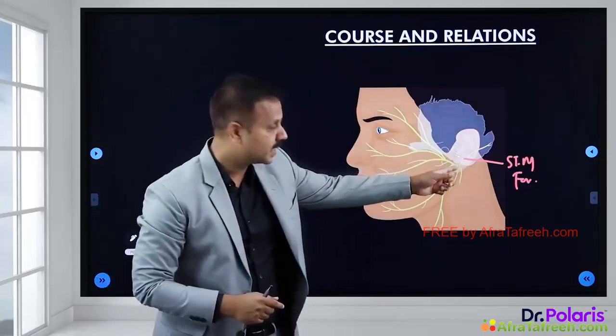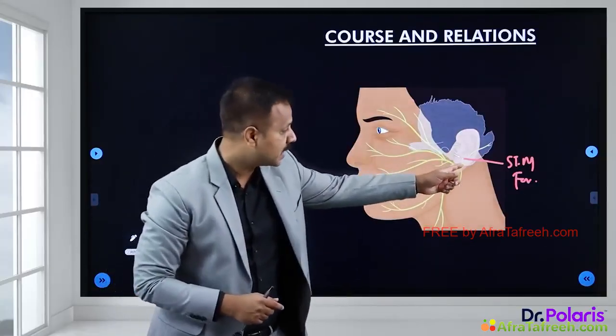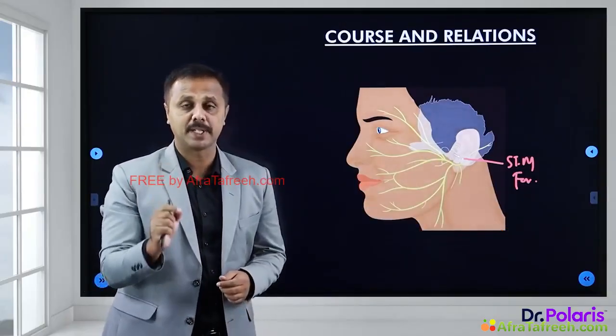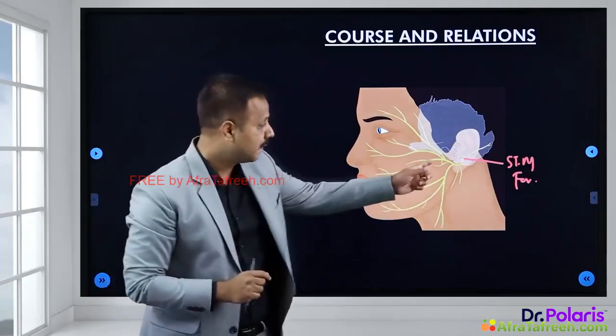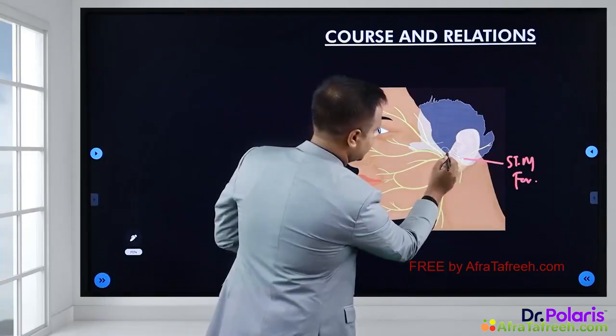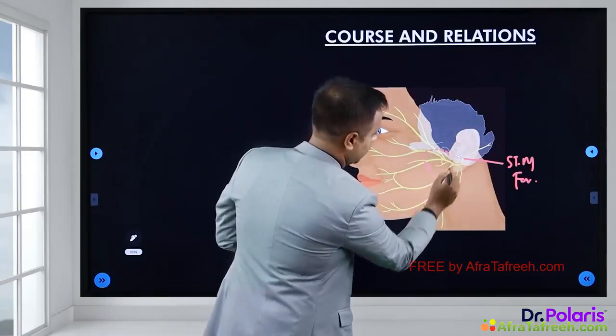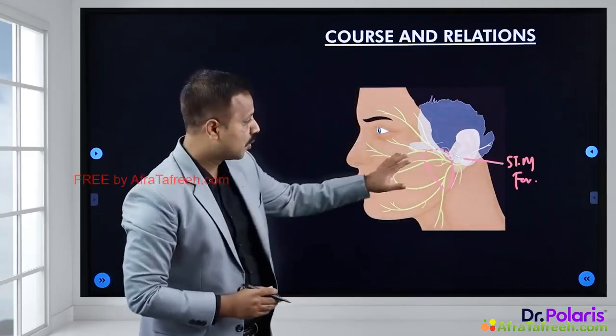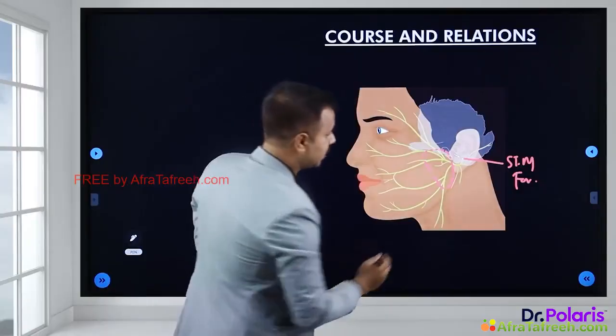Once it exits the skull, it passes anteriorly and enters the substance of the parotid gland. Right? And within the substance of the parotid gland, let's say this is the outline of the parotid. Right? So, within the parotid gland, it will divide into two trunks.